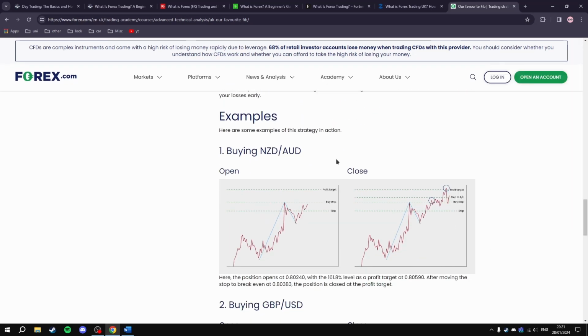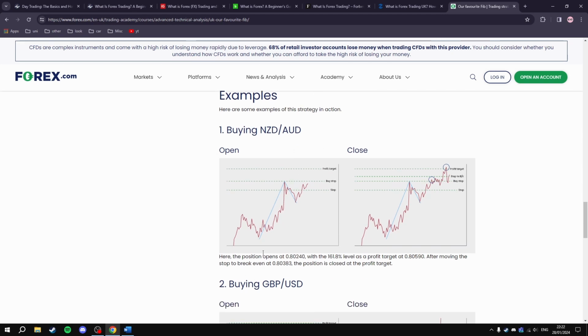Examples. Here are some examples of our strategy in action. Buying NZD AUD. Here the position opens at 0.80240, with the 161.8% level as a profit target at 0.80590.